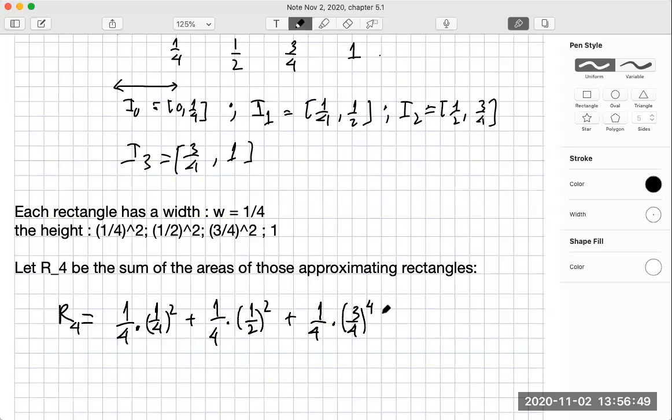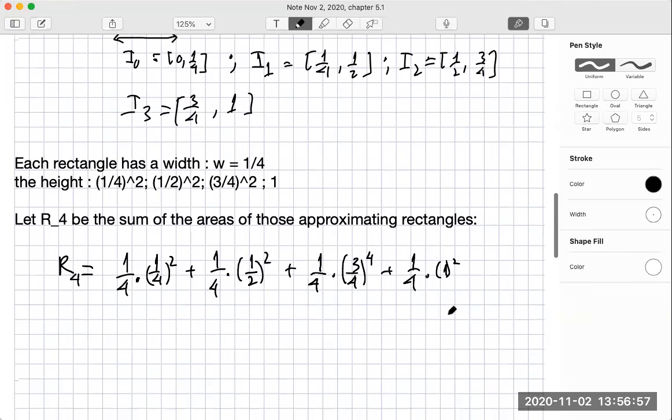Thank you. And the last one is 1 over 4 times 1 squared, right? Then they are the sums of numbers. You can compute it easily. The final result will be 15 over 32. It is approximately 0.46875. This is an approximation of the area of this curve from 0 to 1, the area under the curve.